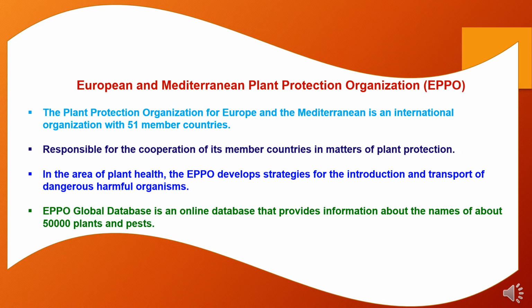In the area of plant health, it develops strategies against the introduction and transport of dangerous harmful organisms. It has a global online database which provides information about the names of about 50,000 plants and pests.